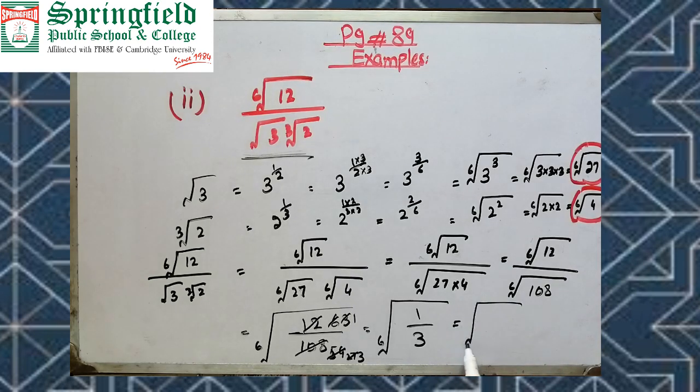And we can simplify more. 3 1s are 3, 3 9s are 27, 9 and 1 by 9.